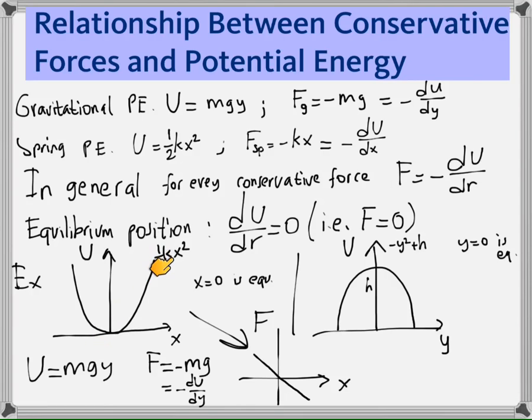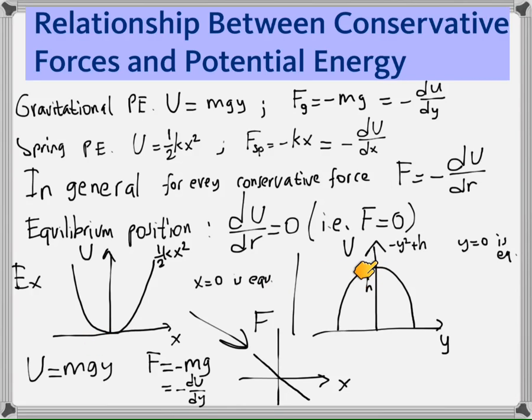Take the derivative twice. If you take the second derivative of 1/2 kx squared with respect to x, it is k. And the spring constant is always a positive quantity. So the second derivative of U at x equal to 0 is k, and it is positive. That means this point is a stable equilibrium point.